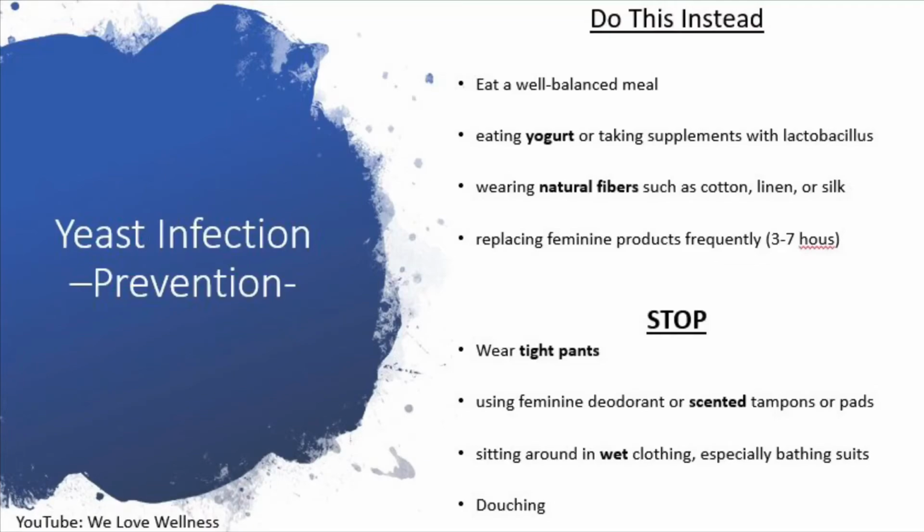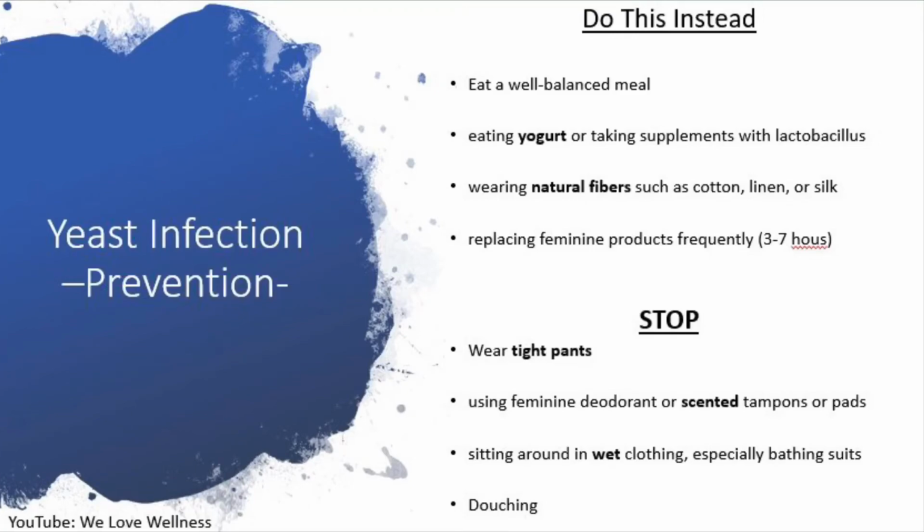Make sure you're wiping front to back, and you also want to avoid douching. I know that they still have these products, but overall they're not good for your health. They do cause these infections. They throw off your hormonal balance. So try to avoid that as much as possible.